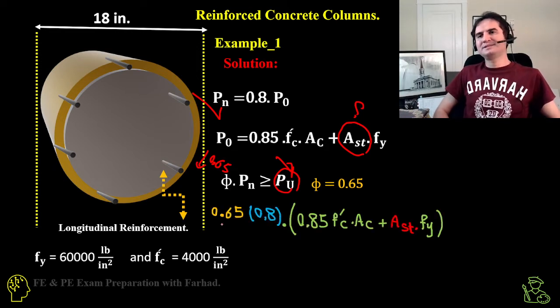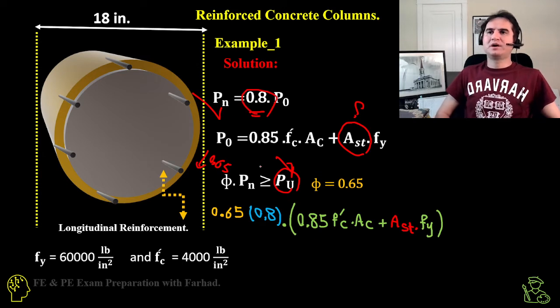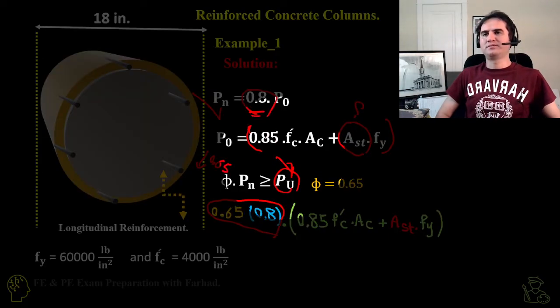So if we replace that in the formula, 0.65 times 0.8, because Pn is equal to 80% of P naught, so these two are just coefficients, times then start from P naught here, 0.85 f'c Ac. It just comes from the main formula.